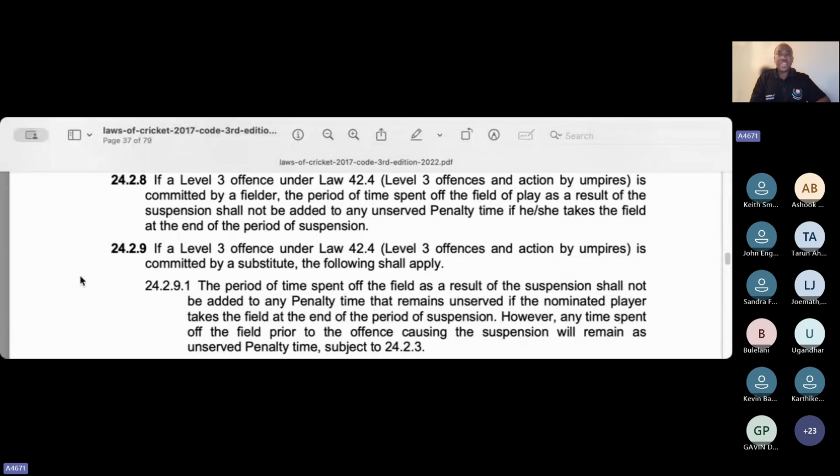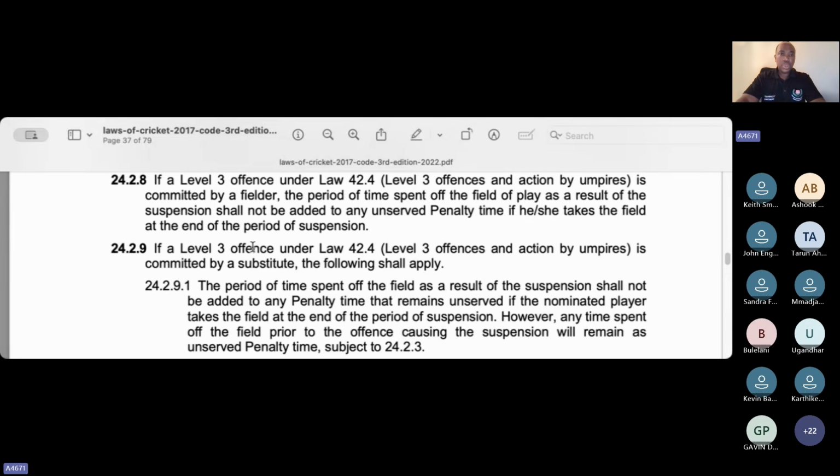So Neville says if that fielder is off the field for 44 minutes because of a level 3 offense, what time will they be able to bowl again?